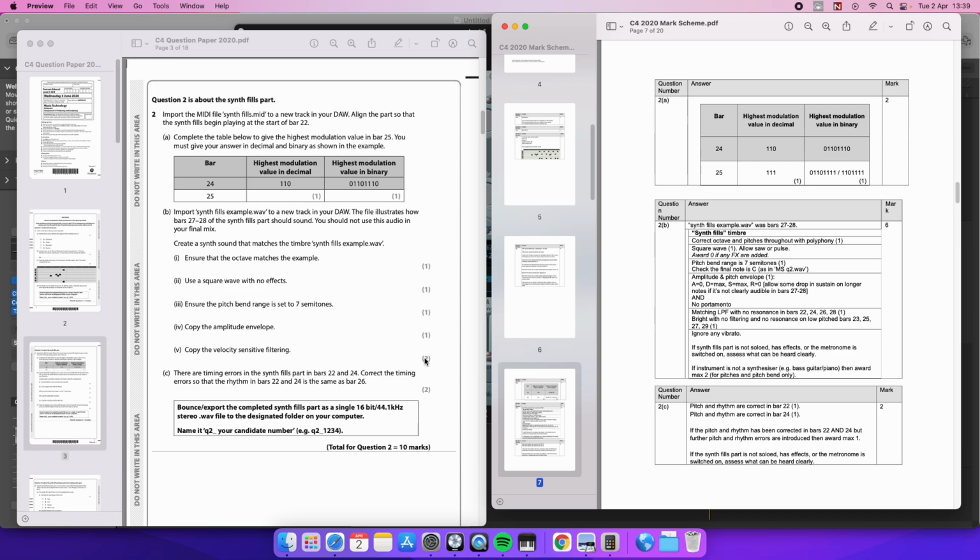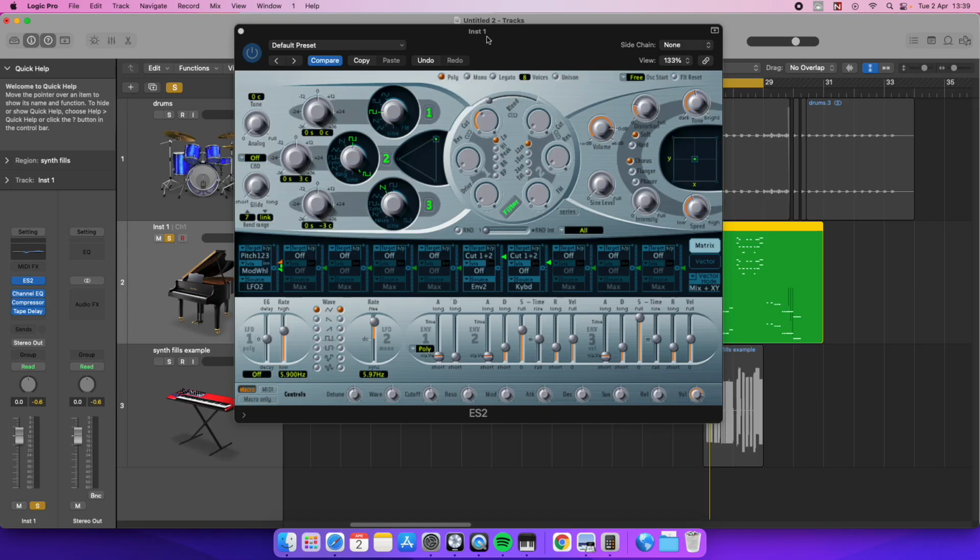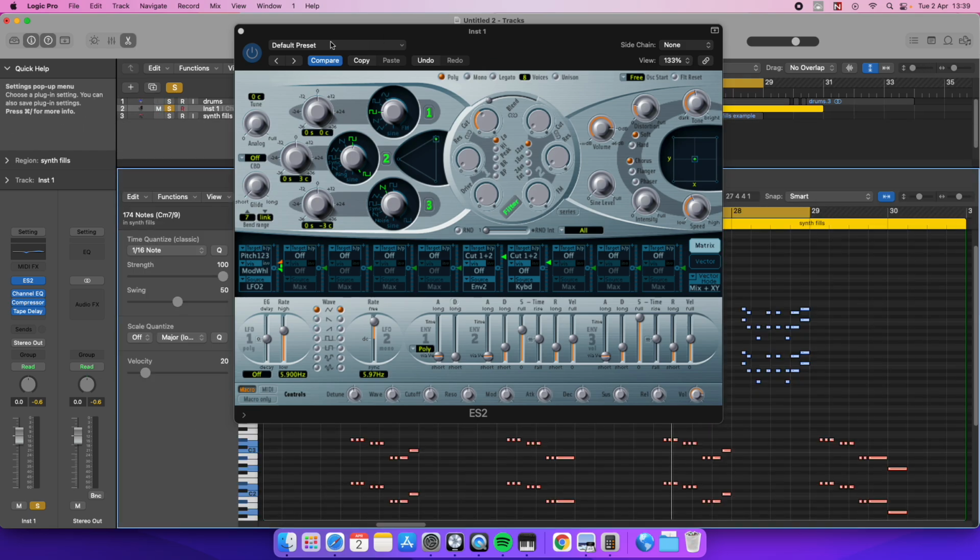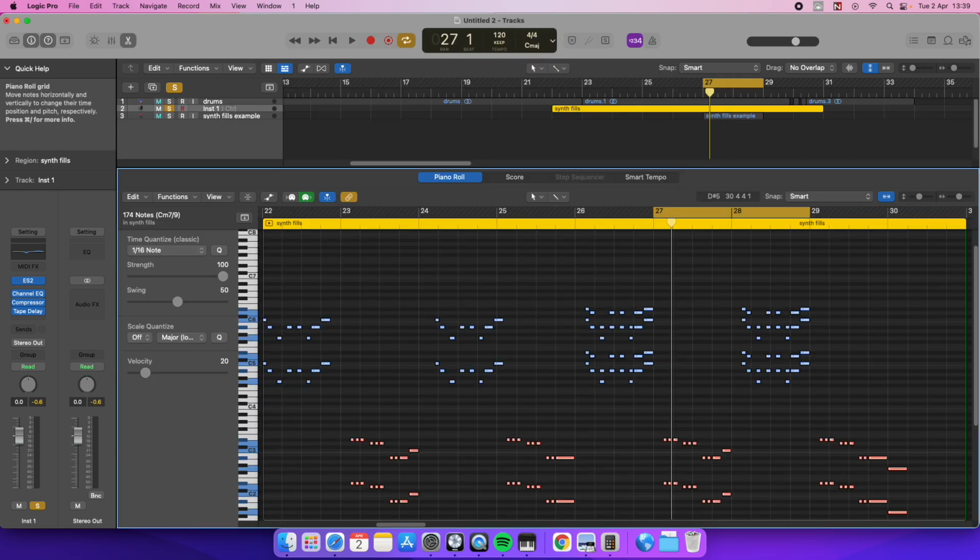So I assume that just means make it dynamically the same as the example, which you can either change by adding a compressor, though it doesn't say that. If you have a look at the MIDI data, you can see that this part's all in red, this part's all in blue. If it's blue, or towards that sort of, oh man, that's so horrible. Ooh, kind of nice. It's a little lighter in velocity, so they move over to the dark side of red.